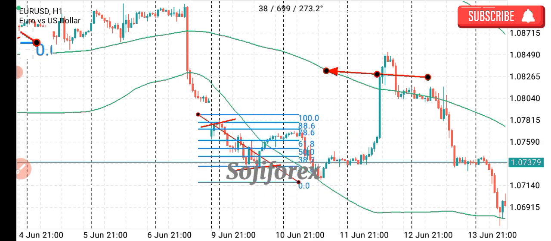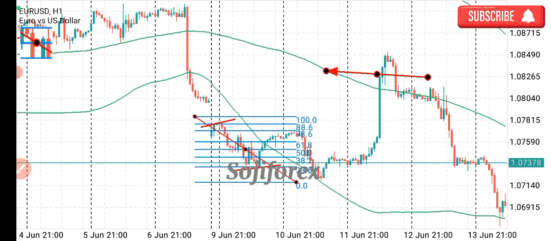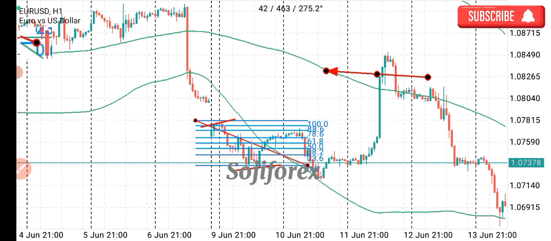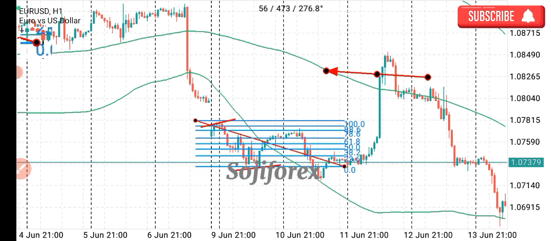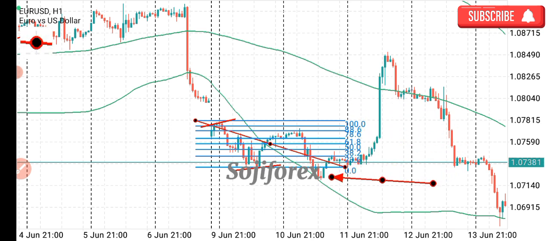Okay, this is our peak and this is the low. So now you can see what happened. Price pulled back from that 23.6 all the way to 88.6.